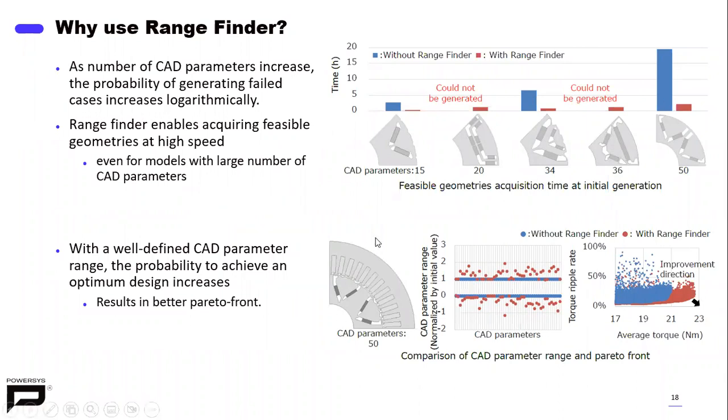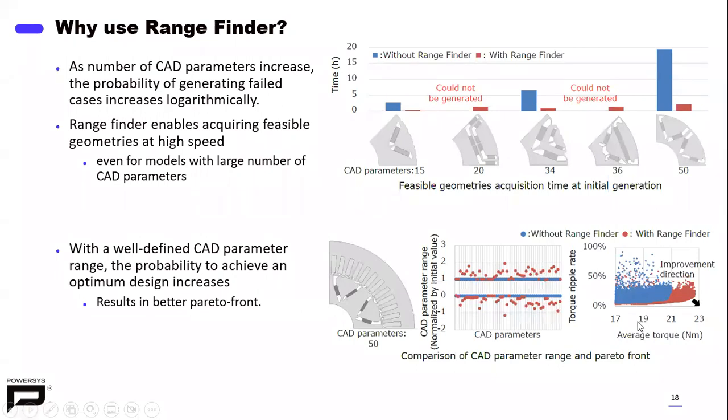One such example is a model with 50 CAD parameters, and the rangefinder also helps us advance our Pareto curve. On the right hand side we will see that without using the rangefinder, the improvement may be very short. Our objective is to get the maximum average torque.